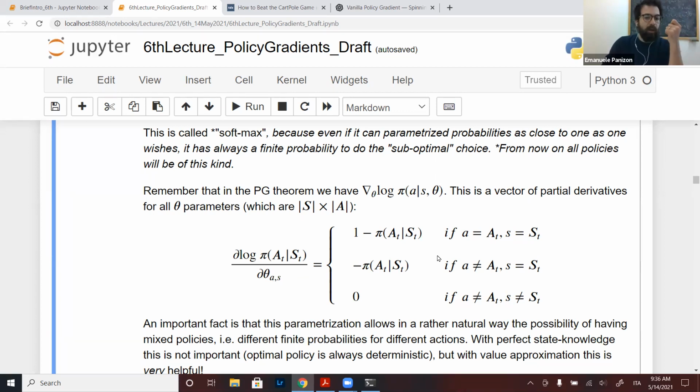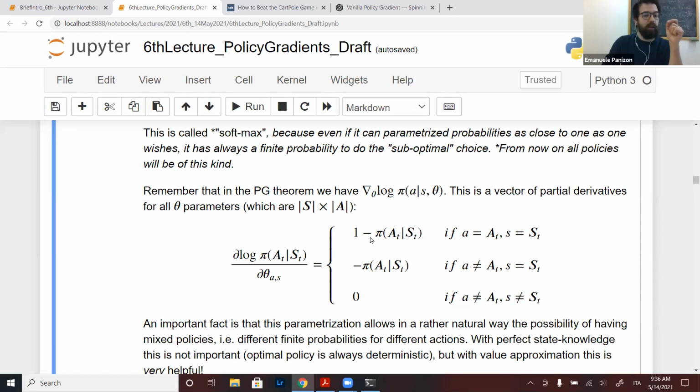Well, there are three cases. If the parameters correspond to that state, and the action corresponds to that action, this derivative of a logarithm turns out to be 1 minus the probability of taking that action in that state.